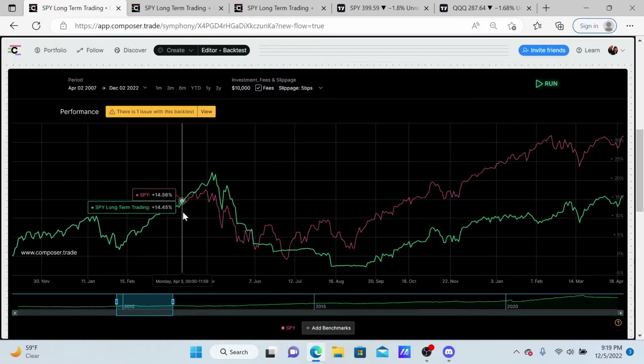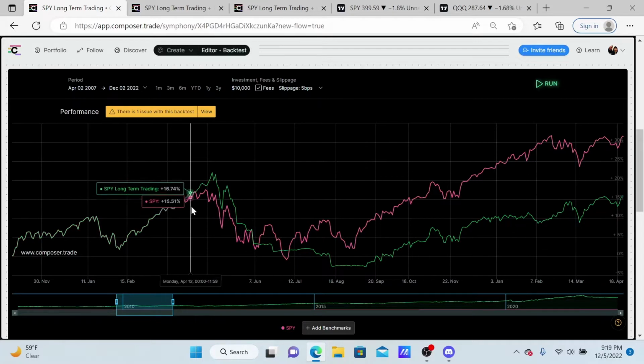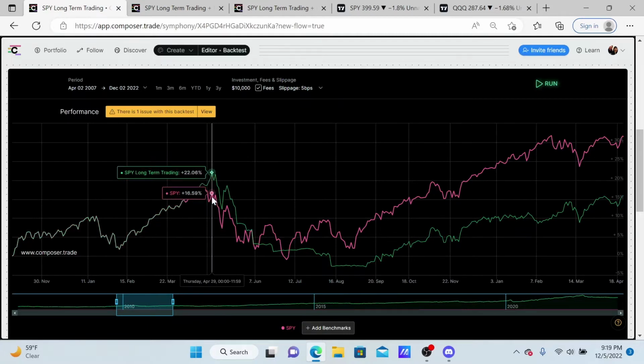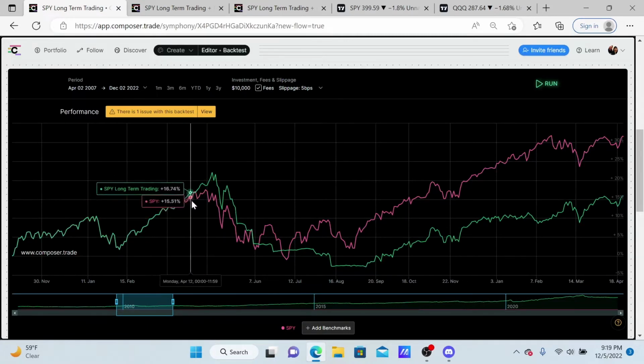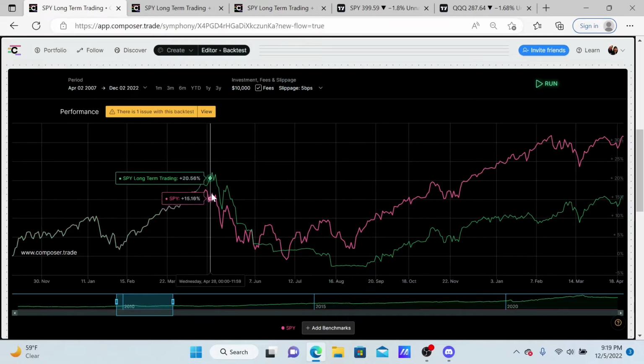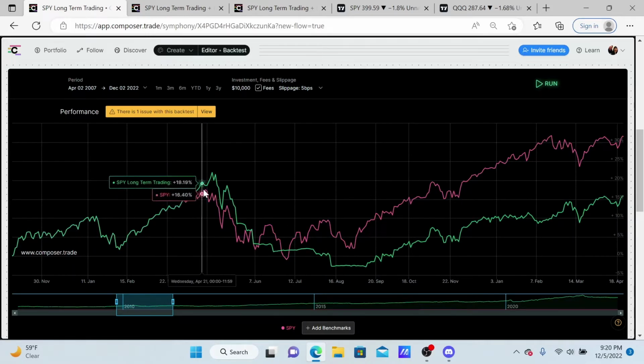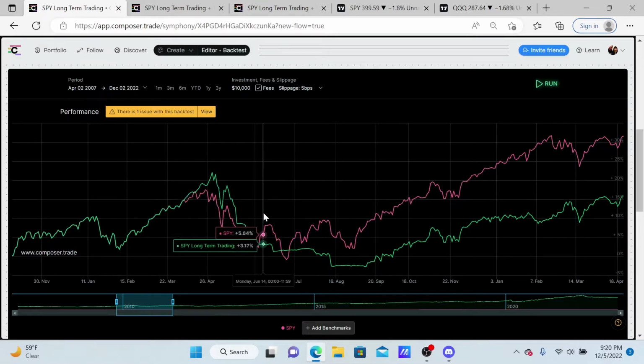However, the strategy transitions here to IEF because the 60-day RSI is above 60 on the SPY. So you're just taking a risk-off approach and going to bonds because the S&P 500 is starting to become heavily overbought. And so you can ride the trend a little higher before going back to SPY, and then you can see it makes its decline.